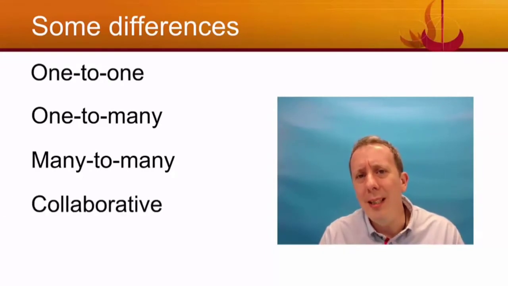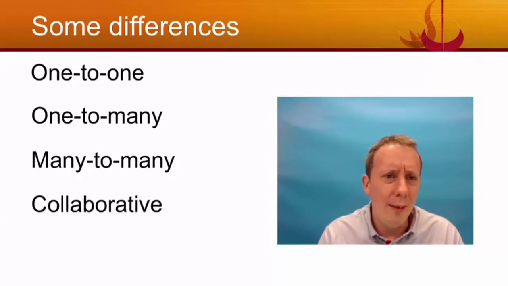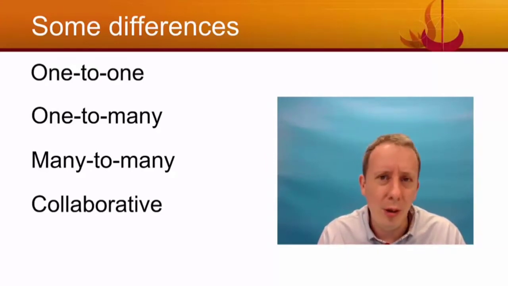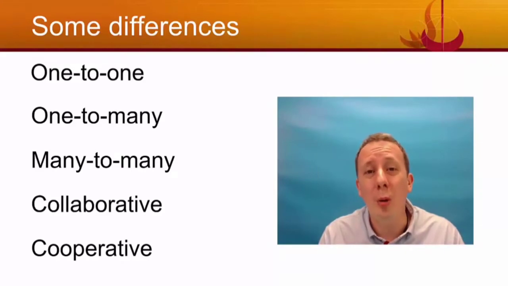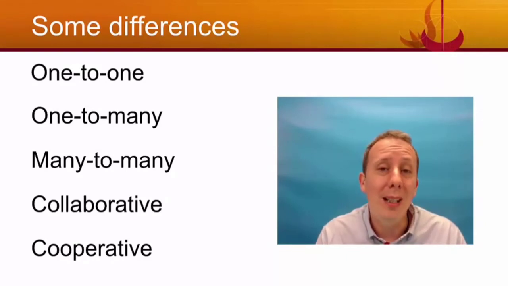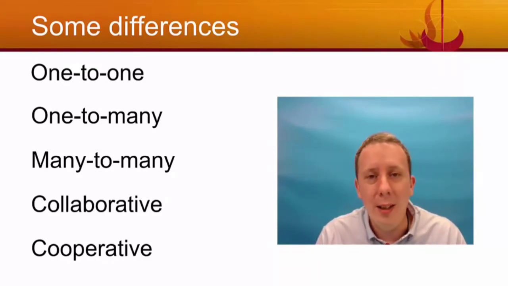And in those many-to-many type of conversations, you can have collaborative speaking where you're trying to collaborate and build upon each other's ideas, or maybe you're working towards a common goal, so your purpose for speaking is more cooperative in a sense. So these are things that you should consider when you're planning your communication strategies.